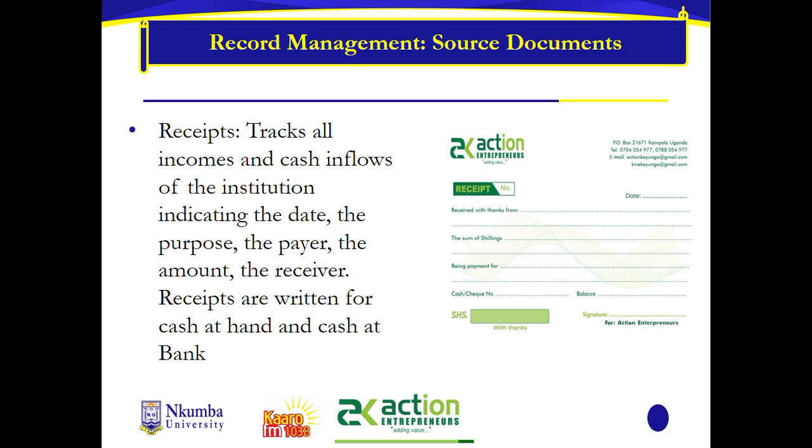So one of the source documents, looking at cash inflow, is called a receipt. We use this receipt to track or trace all transactions where incomes are received or cash inflows.